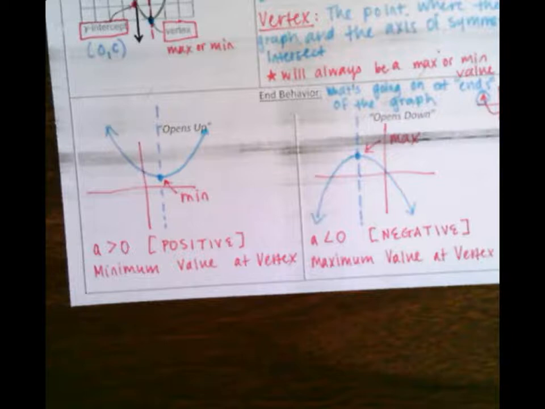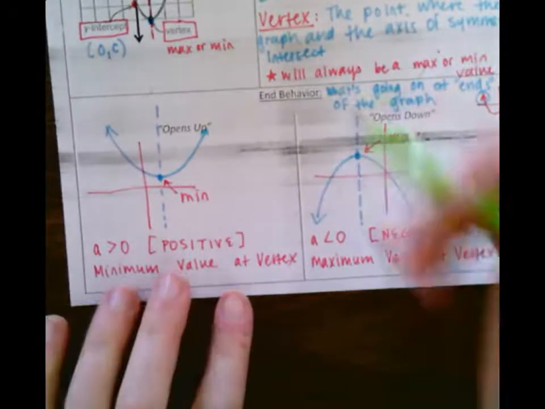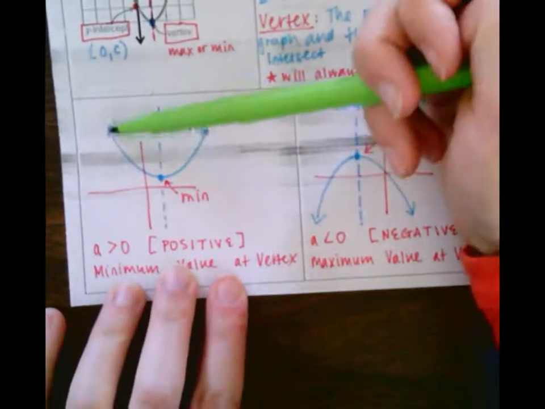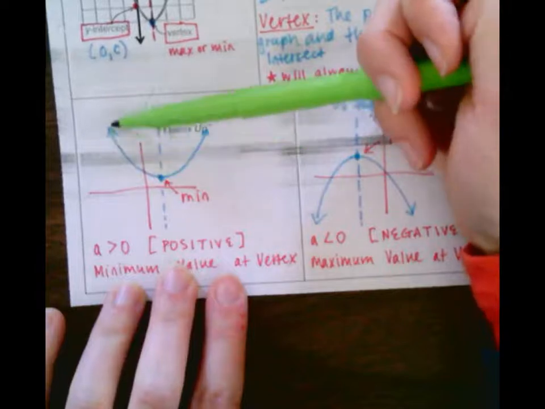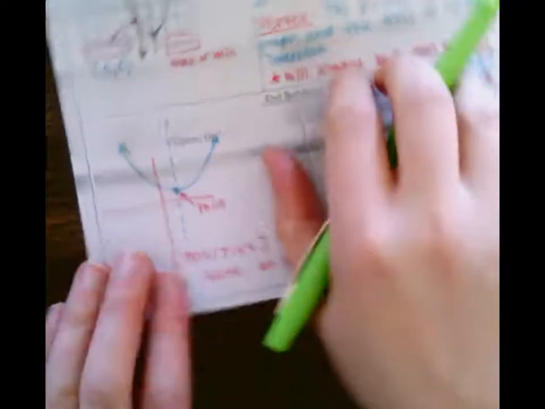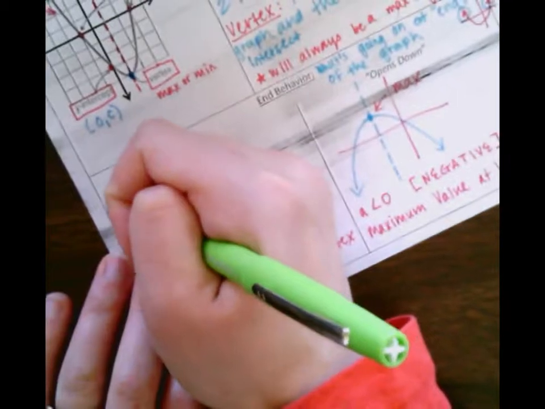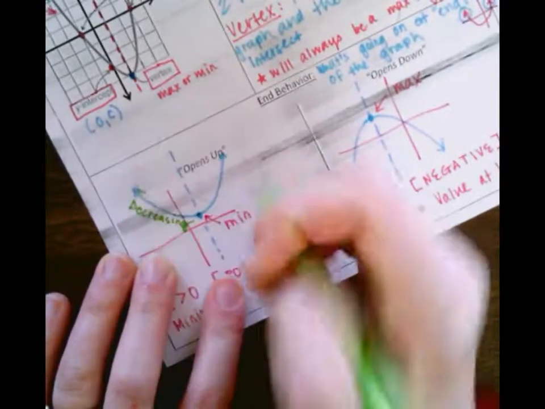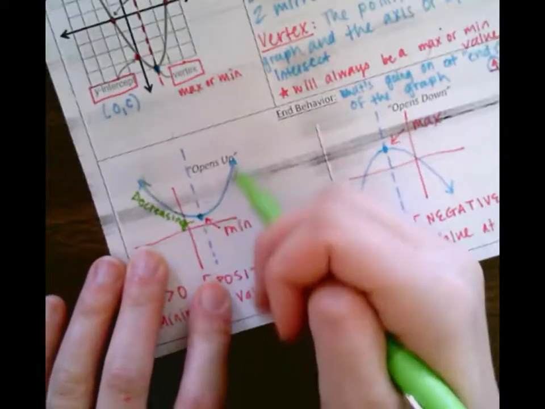The last thing I'm going to put on these two little graphs is to think about where is it increasing and where is it decreasing. So if we think from left to right along this first graph, to start, if we imagine walking along, is it increasing or decreasing? Are you going uphill or downhill? You're going downhill. So this part would be decreasing. And then at the vertex, it switches over and starts to go up.